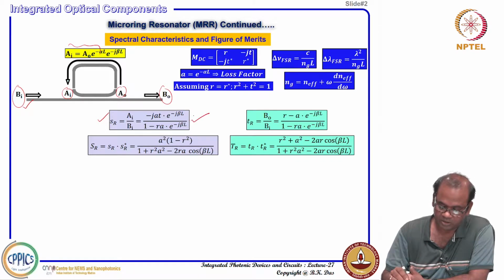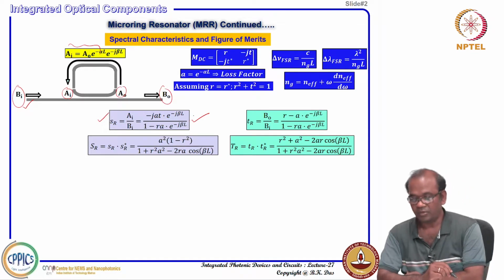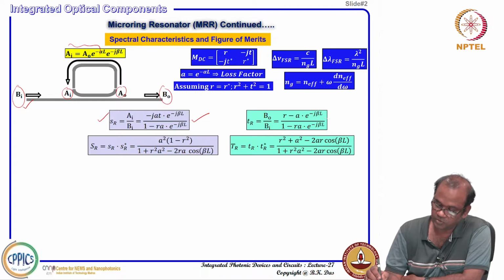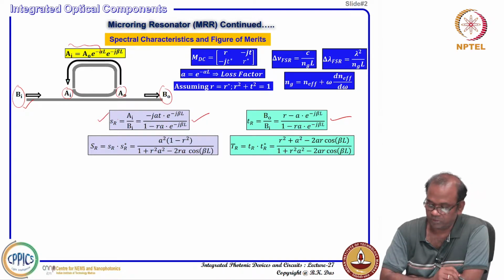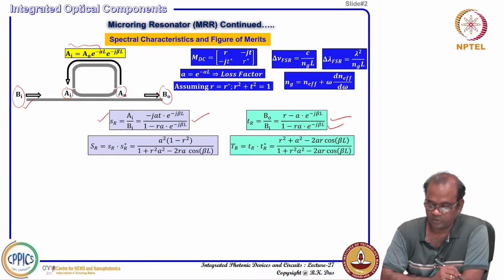This is called the field enhancement factor inside the cavity, and then this one we derived, that is the transmission characteristics, BO to BI, the transfer function for the microring resonator.